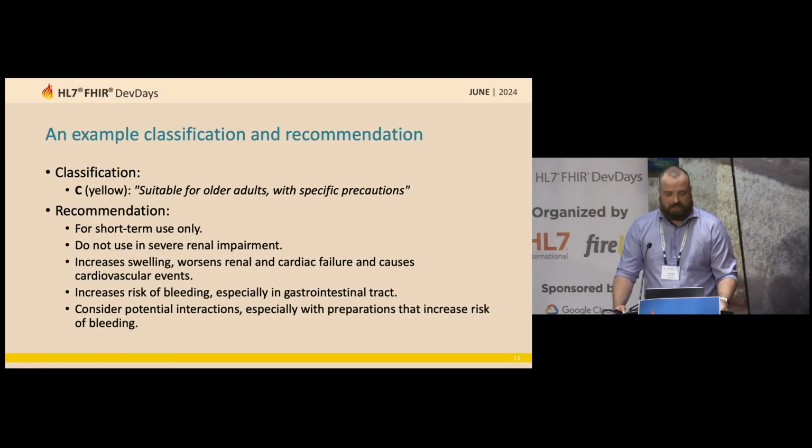All right, switching gears and looking at the actual classification itself. As mentioned, it's a letter from A to D, in this case C, suitable for older adults with specific precautions. And it has this recommendation part which further elaborates, having these clinical particulars like for short-term use only, do not use in severe renal impairment, increases swelling, and the like.